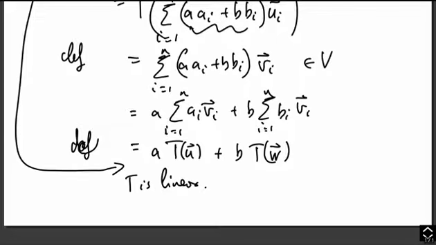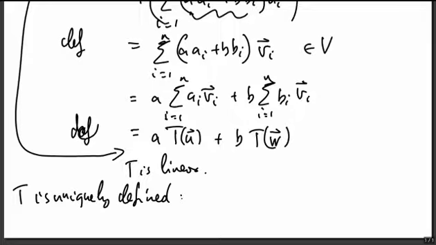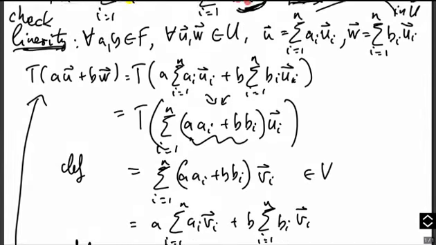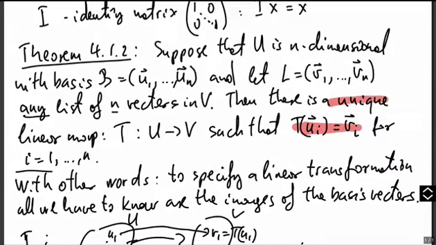Of course, the funny thing is that the book mentions at this point that clearly T is defined uniquely. Clearly means that it should not be difficult to show, but let's anyway show that T is uniquely defined. So for uniqueness, we assume S is another transformation with the property, which was part of the theorem, that the image of ui is vi.